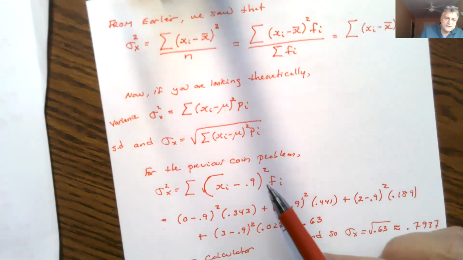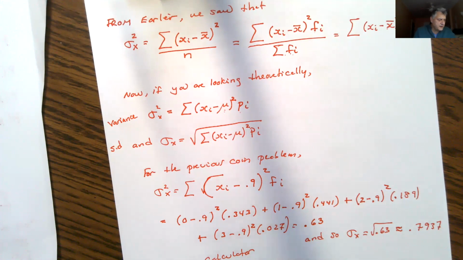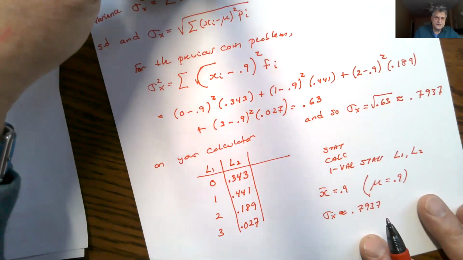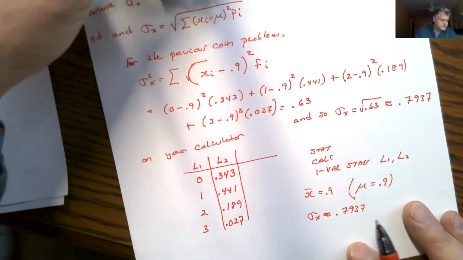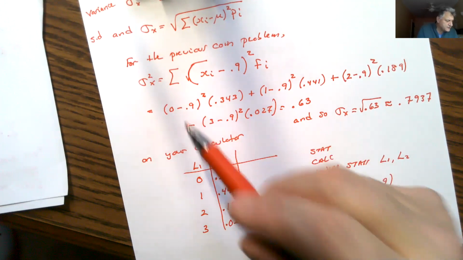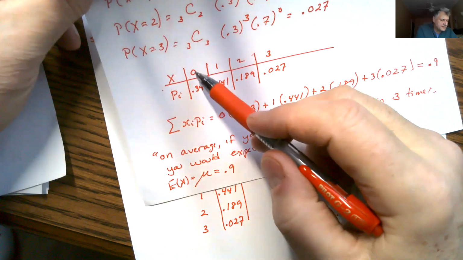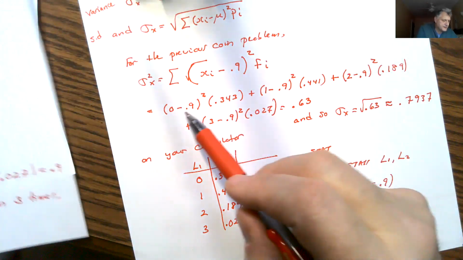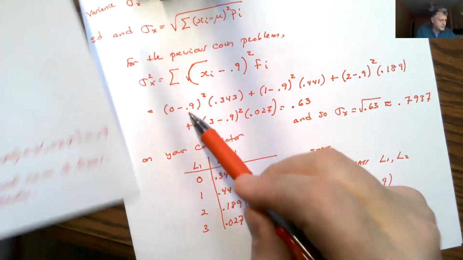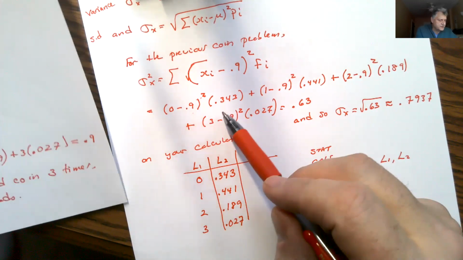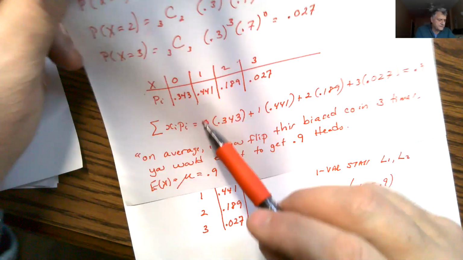So for the previous coin problem, if I want to use this formula, I took the x value here minus the mean, which we got was 0.9, squared, times the probability.